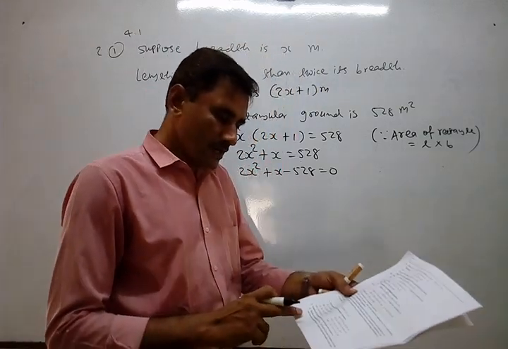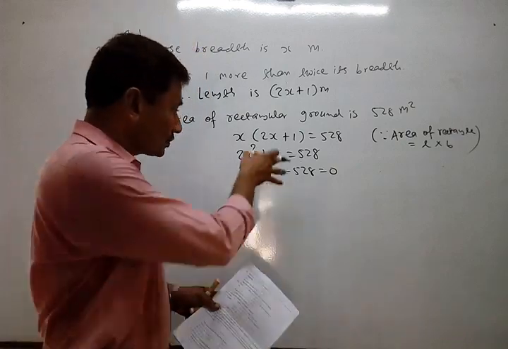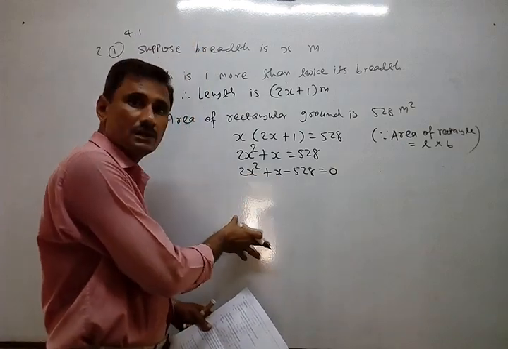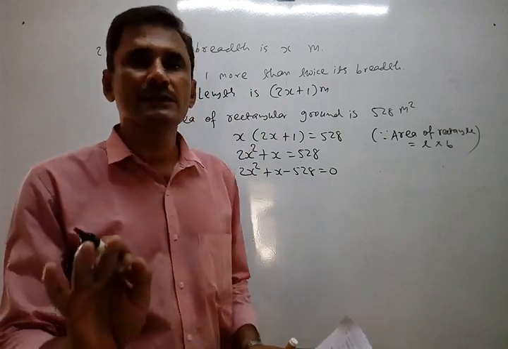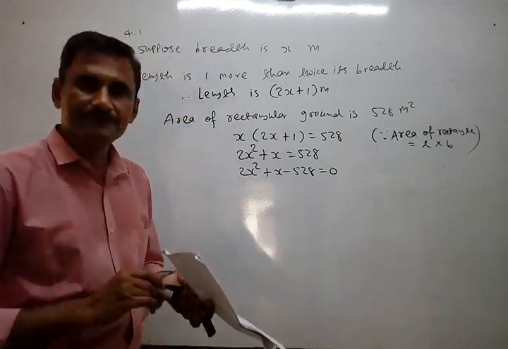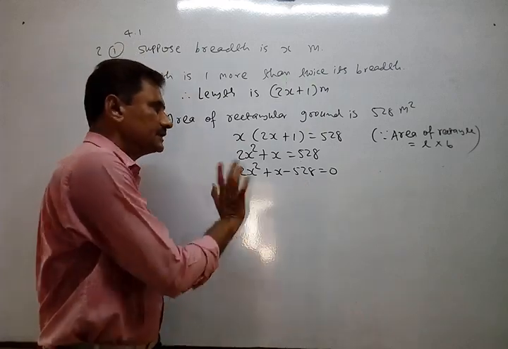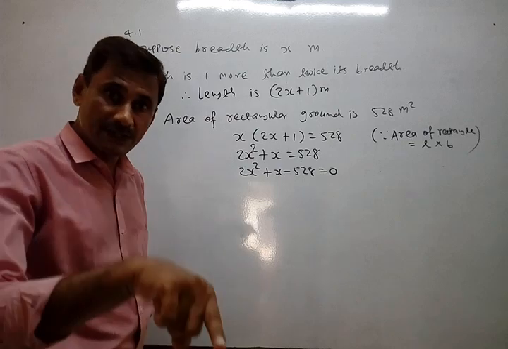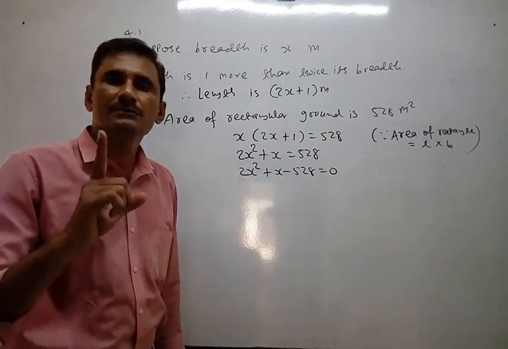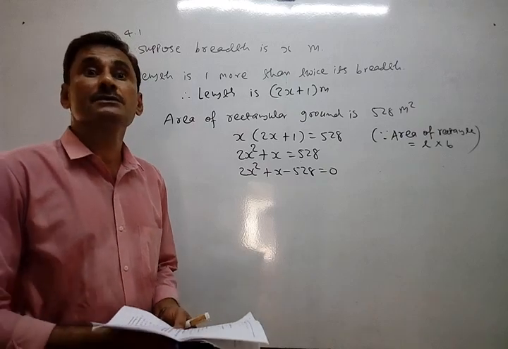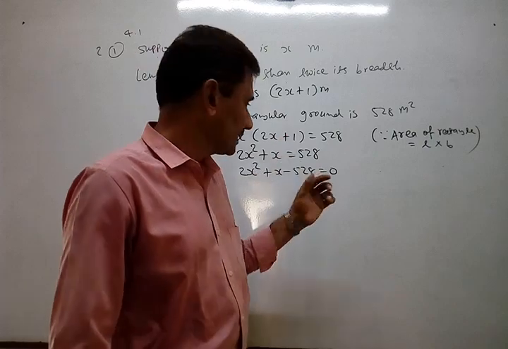They have told you to represent the following in the form of a quadratic equation only, not to solve, not to find x and what the length and breadth are. So the answer is not expected that way. Only the equation is needed. If you want, you can solve this. How to solve by splitting method? We already solved many sums in lesson number 2 by the factorization method, factorization of a quadratic trinomial by the splitting method.